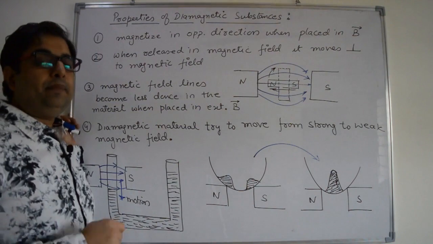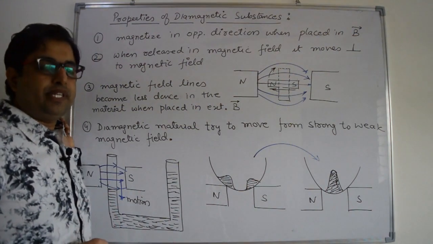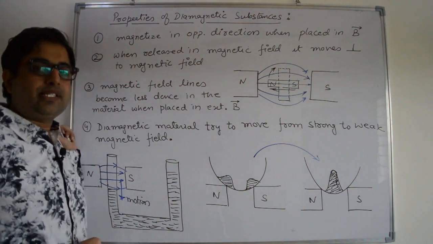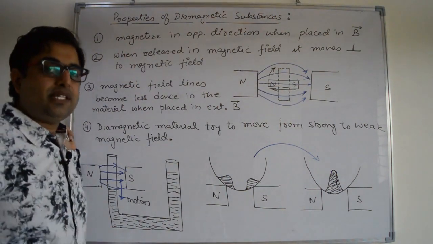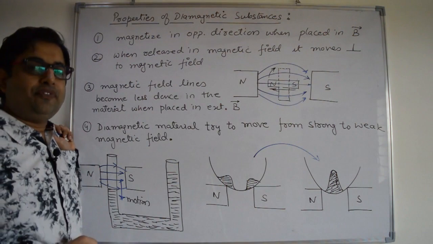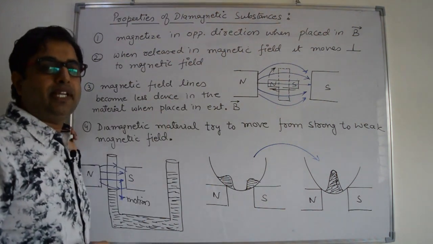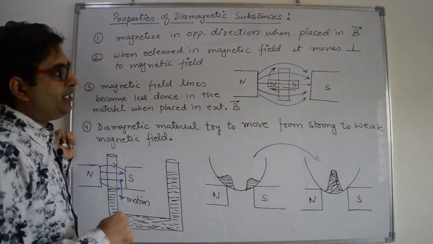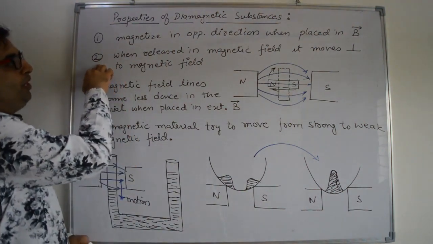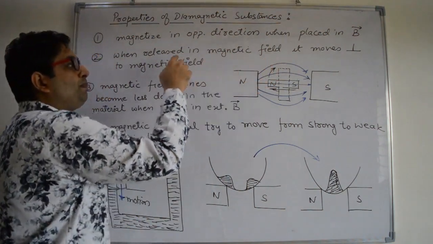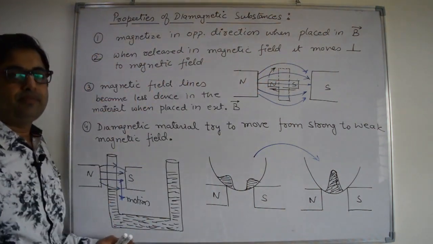Let us see the properties of diamagnetic substances. The first property is the basic nature of diamagnetic substances. When you place the material in an external magnetic field, it will magnetize in the opposite direction. That is the basic nature of a diamagnetic substance. Second property, when released in a magnetic field, it moves perpendicular to the magnetic field.